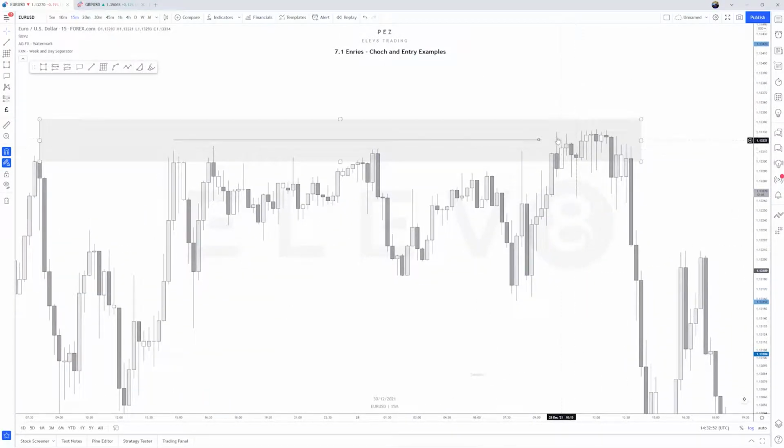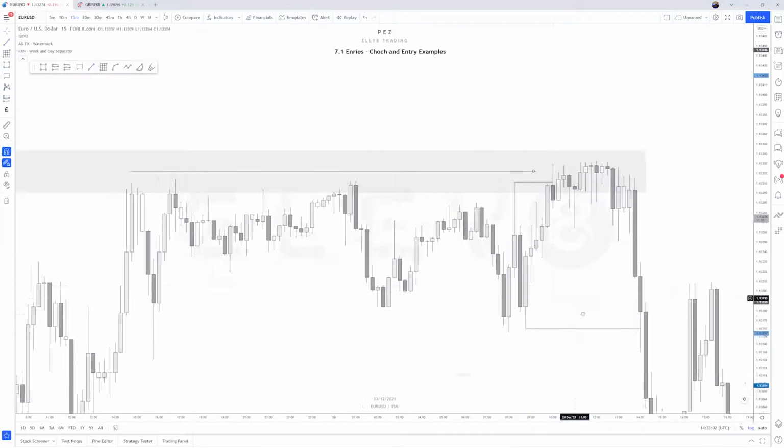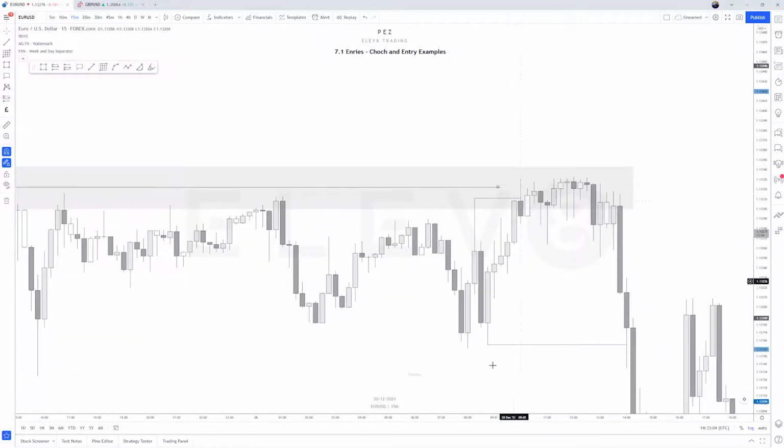As you can see, we come in at 10 AM again, and we're looking for a change of character this time. So as you can see, we take this high, then the low is down here. But before we take this low, we actually create another high. So we pull back here, creating another high here. So I delete this previous one.